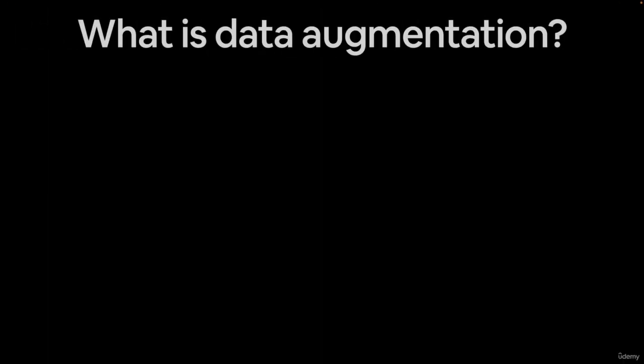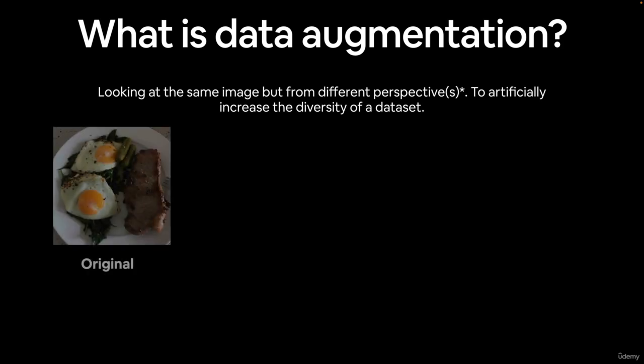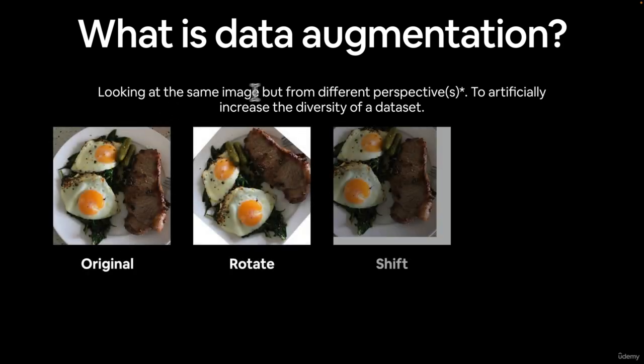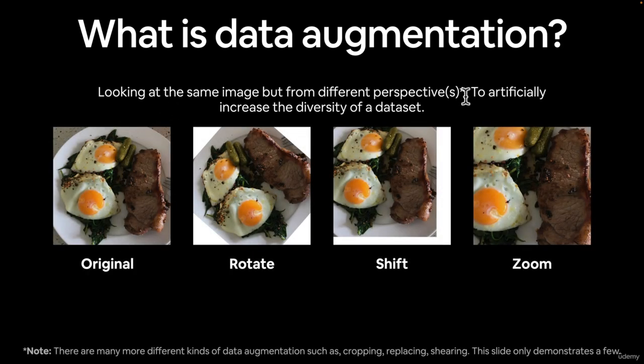Just to illustrate this, I've got a slide here ready to go. We've got what is data augmentation, and it's looking at the same image but from different perspectives. We do this, as I said, to artificially increase the diversity of a data set. If we imagine our original image is over here on the left, and we wanted to rotate it, we could apply a rotation transform.